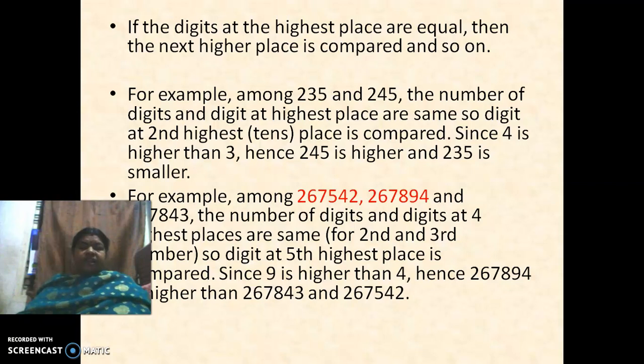Here the first 3 digits in both numbers are the same, and the fourth digit 5 is smaller than 8. So the second number 2,67,894 is the greater number and 2,67,542 is smaller.